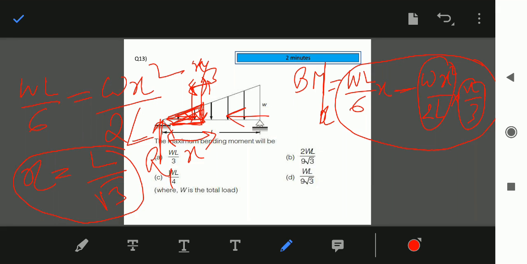Okay, so solving, x comes out to be L by root 3, and the bending moment maximum at x equal to L by root 3 will be this one, option B, 2WL upon 9 root 3. So again a lengthy question, but when solving this you will clear a lot of concepts.